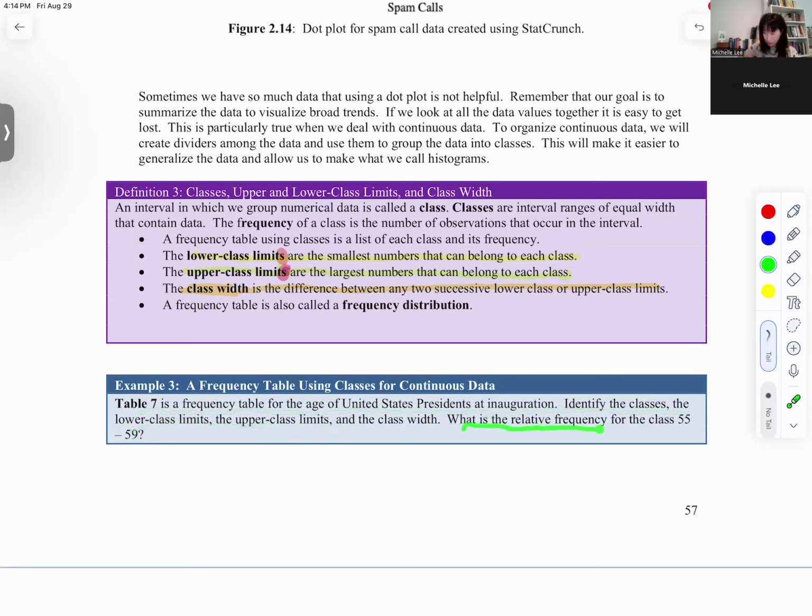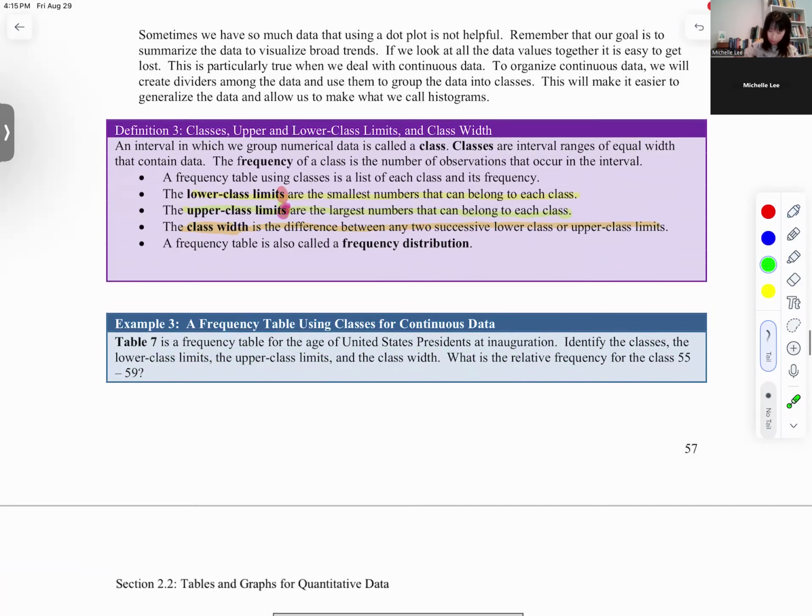What is the relative frequency for the class 55 to 59? We don't have to answer all the relative frequencies, just that one. Okay, let's answer that.